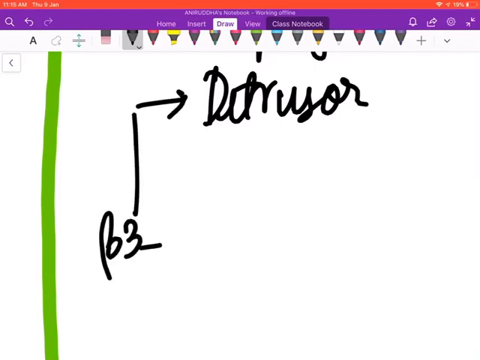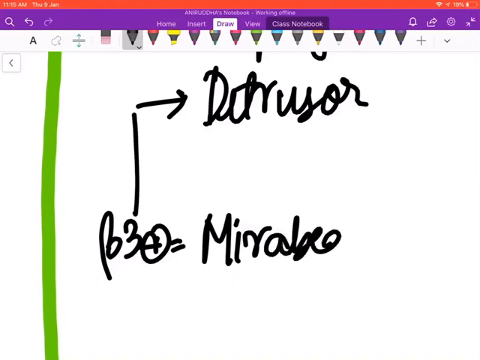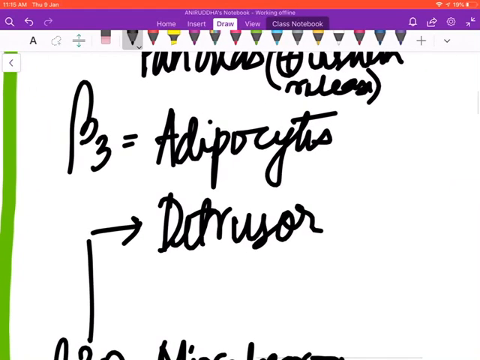This is known as mirabegron. Okay, it causes detrusor relaxation and is used to treat overactive bladder. Okay, so these are with respect to the beta receptors.